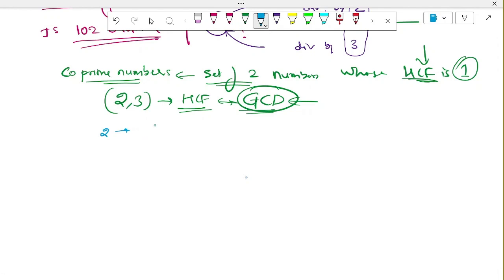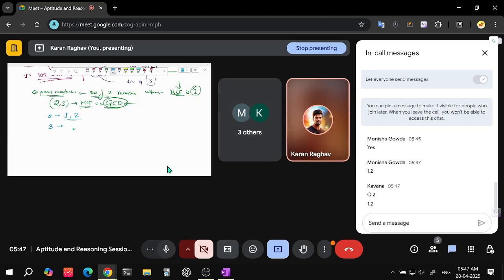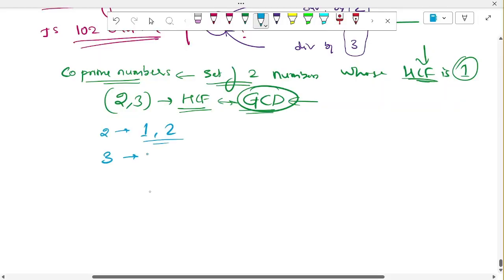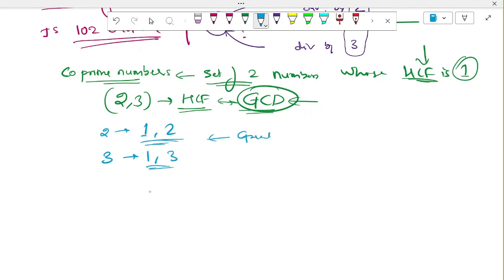Today, tomorrow. Okay. Now 1 and 2 are the factors of 2. Now what are the factors of 3? 1 and 3. It's simple. Now you need to find among these factors which is greatest and common, or highest and common.